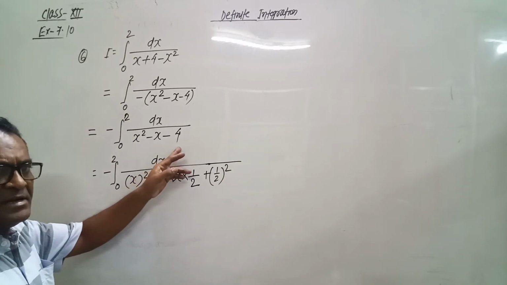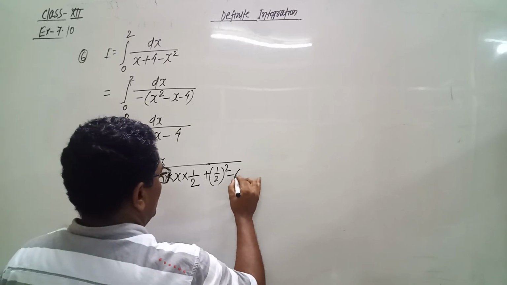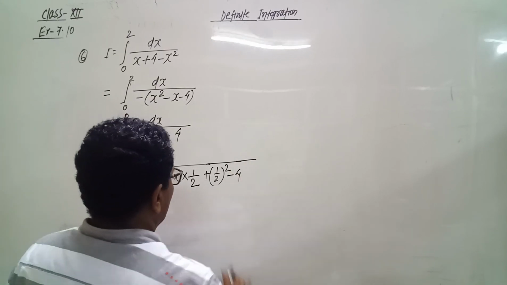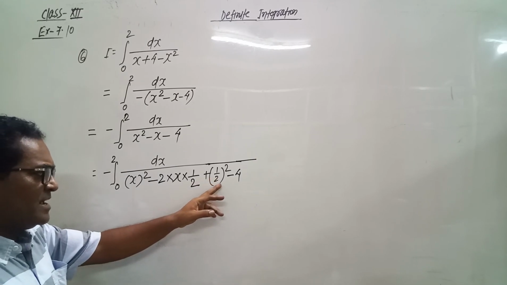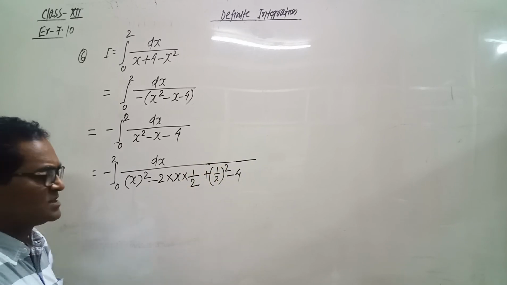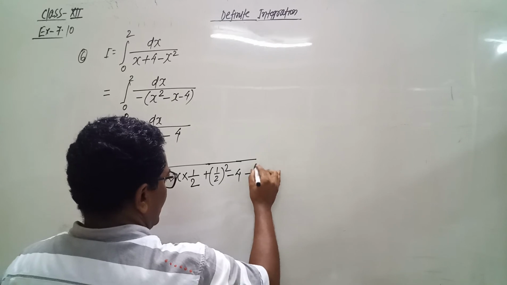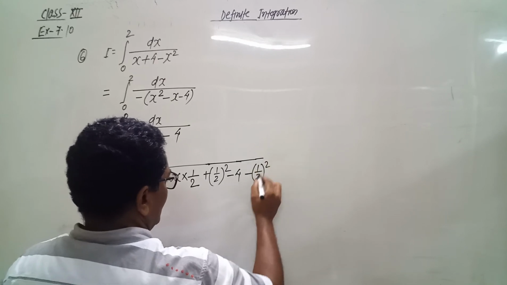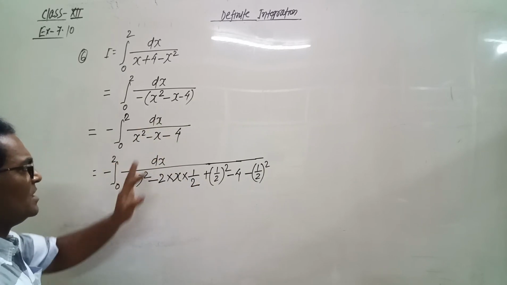And the constant term which is required is minus 4, so this minus 4 would be written. But what is the extra term which we have written here? The extra term written is plus 1 by 2 the whole square, so we subtract 1 by 2 the whole square. So the plus and minus get cancelled and we get the same denominator.